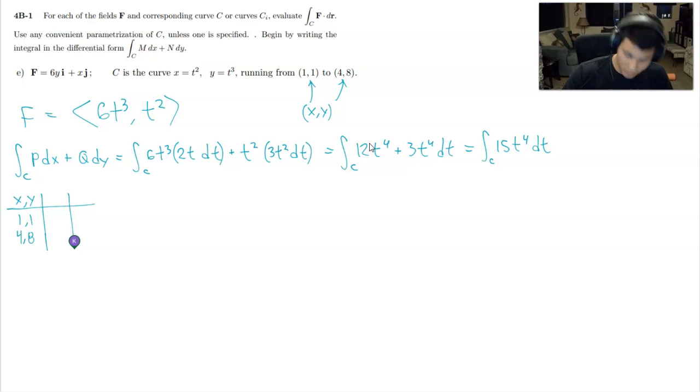But then we can use the fact that x is equal to t squared and y is equal to t cubed. But then that's not that useful to us, really. Well, just go one step at a time. We can write 1 = t squared and 1 = t cubed, and we can write 4 = t squared and 8 = t cubed.